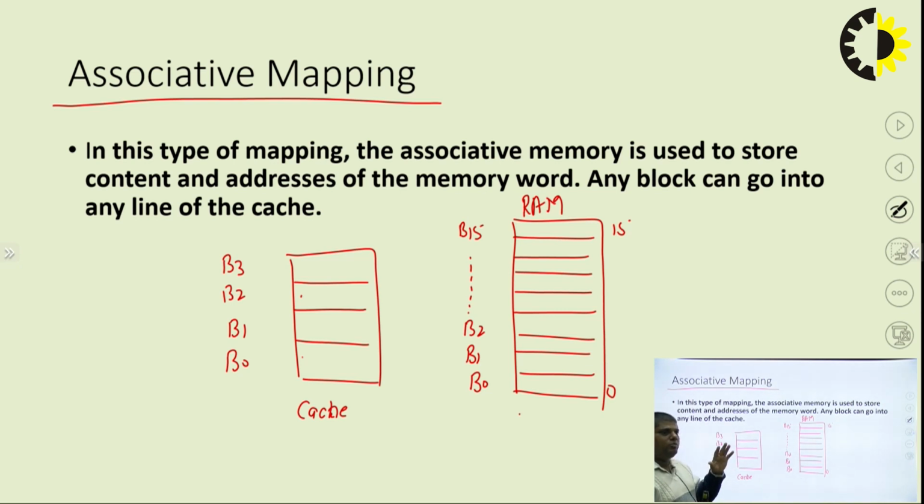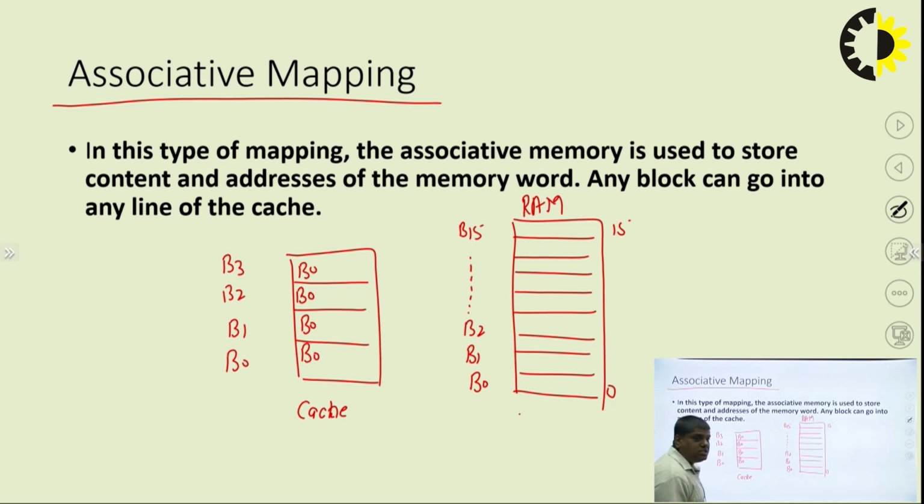Each block can hold only 4 blocks, and any block can be accumulated anywhere in the cache. That is the freedom provided by associative mapping. But in direct mapping, no such freedom is provided.